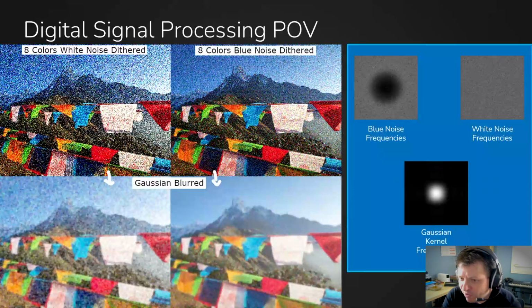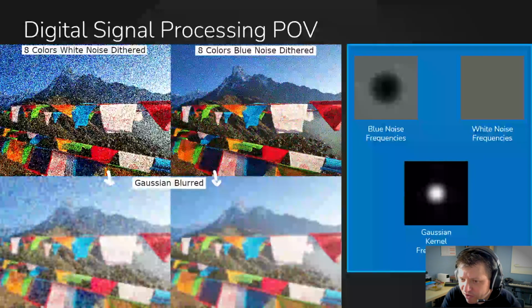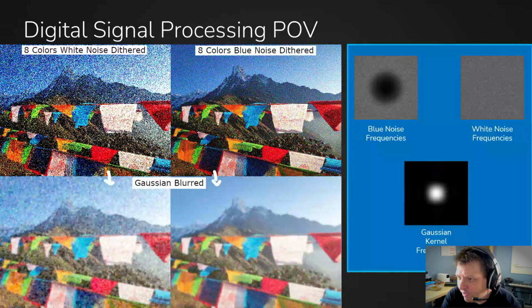Like it's a relatively noiseless image. But when we look at white noise on the left, it's kind of like lumpy oatmeal. And the reason for that is because white noise has high frequencies and low frequencies. So after the low-pass filter, all that's left is the low frequency noise, which is those lumpy blobs.